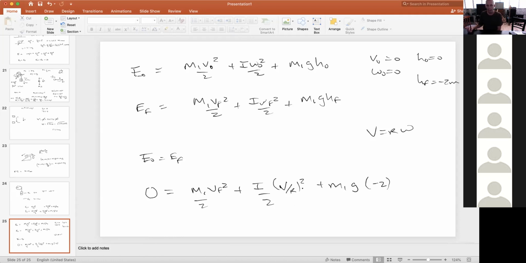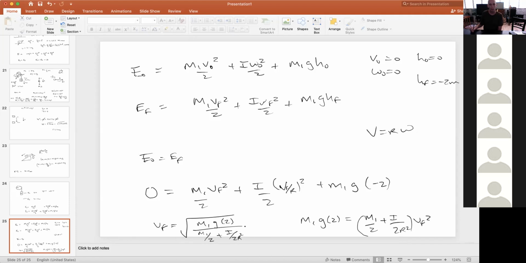And what I see here is that if I combine all these like terms, what I get is M1 G times 2 is equal to M1 over 2 plus I over 2R squared, all times V final squared. Now I can solve this for V final as the square root of M1 times G times 2 over M1 over 2 plus I over 2R squared.